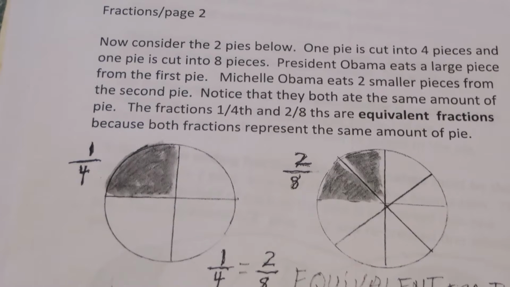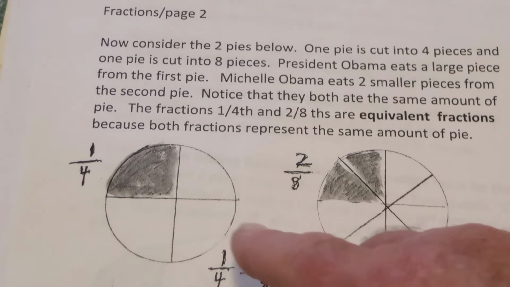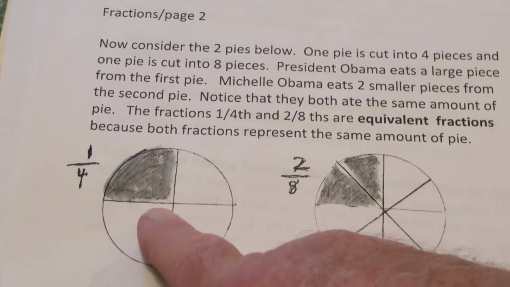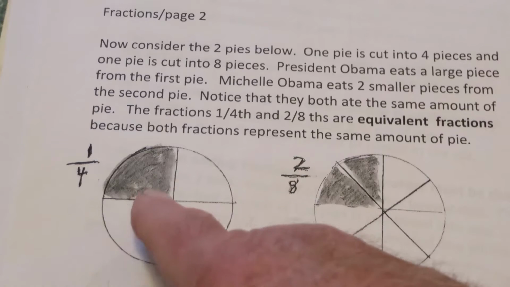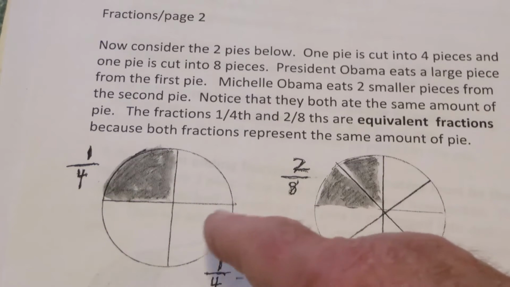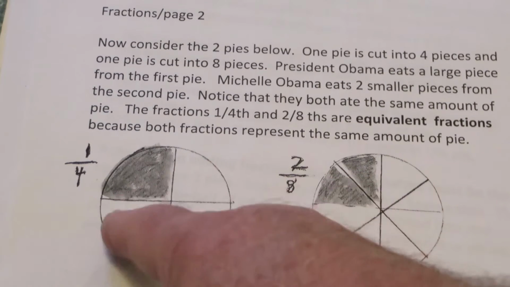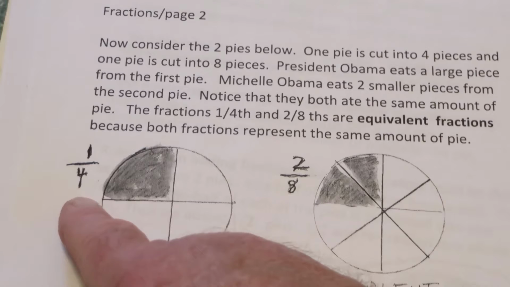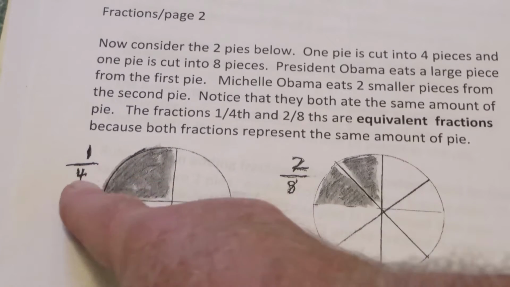This is a continuation of my discussion of fractions, and what I want to remind you that we talked about are equivalent fractions. Equivalent fractions are the same amount of stuff, but different. They're different in that, notice in this pie it was cut into 4 pieces, and 1/4 is this much.